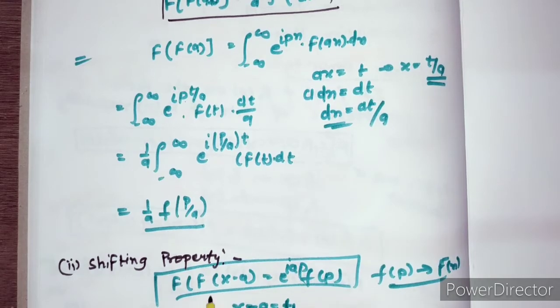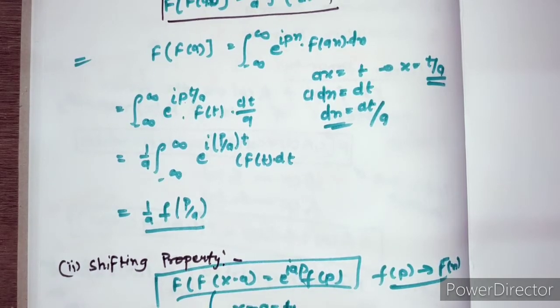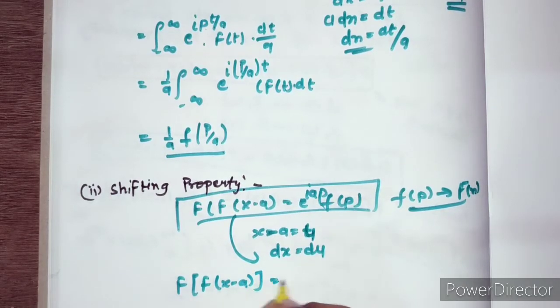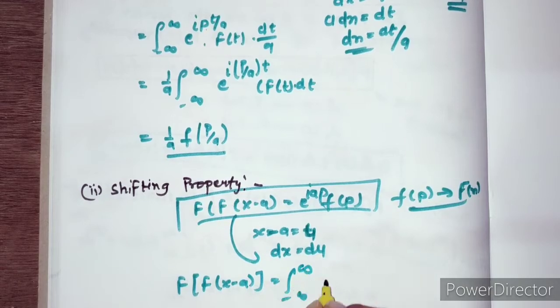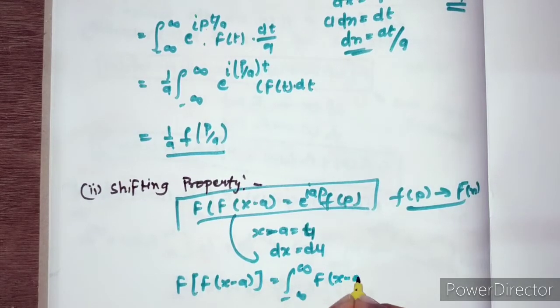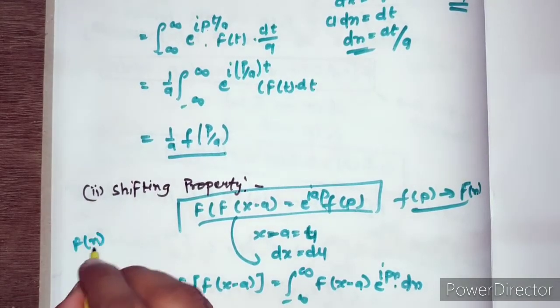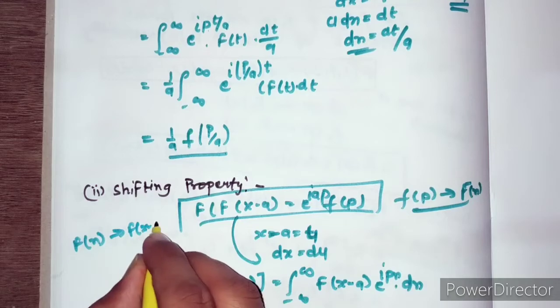Same as before, the Fourier transform of f(x minus a) is the integral from minus infinity to infinity of f(x minus a) e raised to ipx dx. In terms of x, we include x minus a.